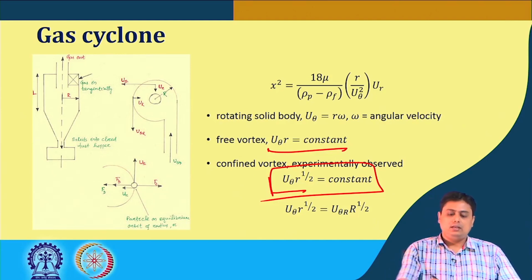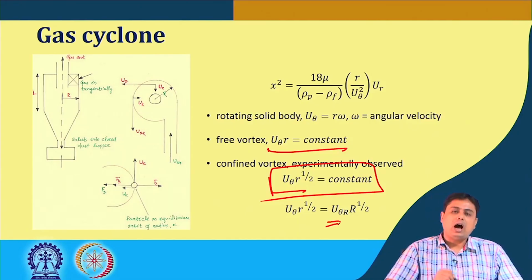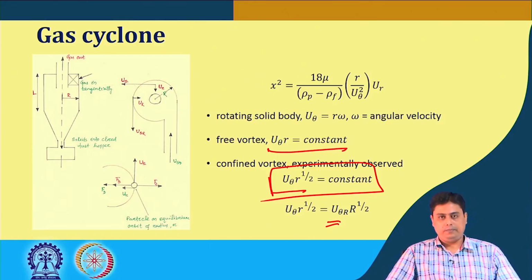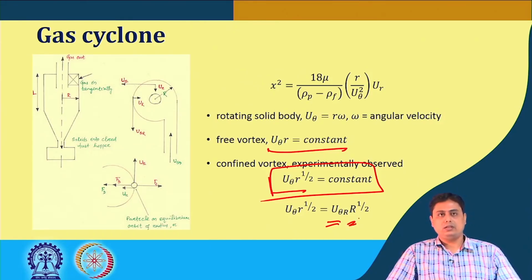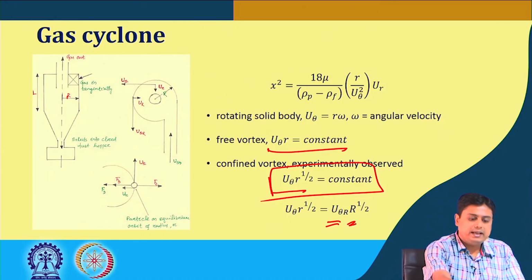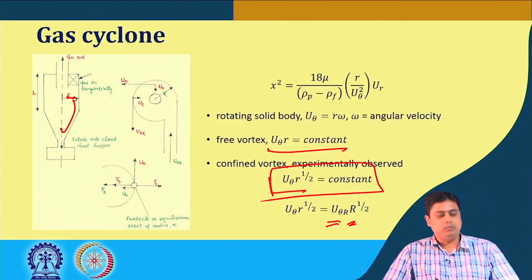So, this u theta r to the power 0.5 is equal to u theta R at the wall, multiplied by the radius of the cylindrical section, because the particles basically touch this wall and then fall. When it impacts on the solid wall, it is collected by gravity and rolls down to the bottom.